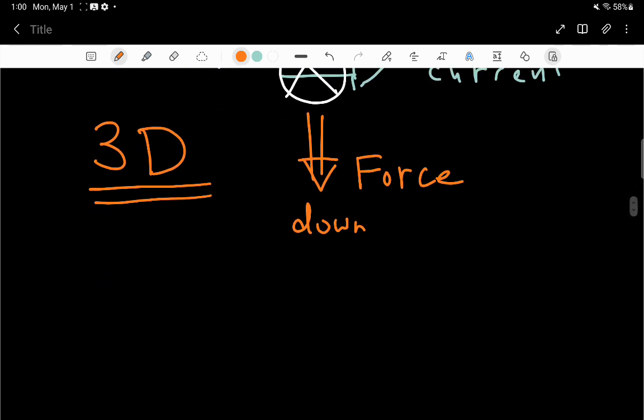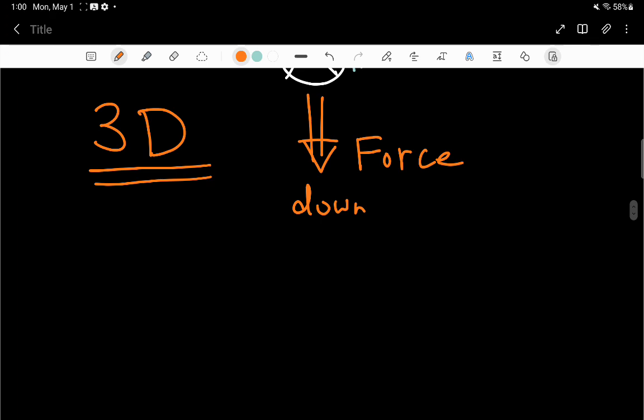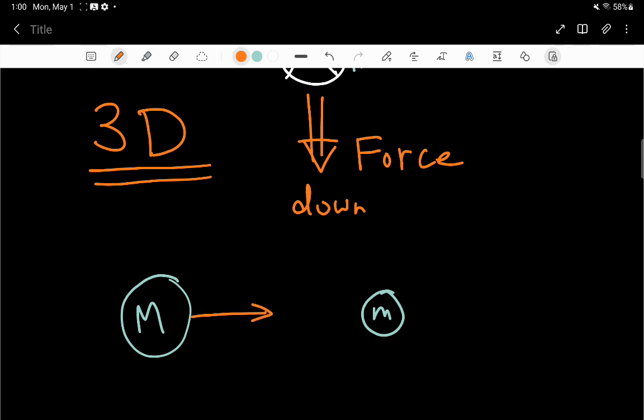This is extremely different, right? Magnetism is very weird compared to, for example, gravity. If I have two massive objects, here's one mass and here's another, the gravitational interaction between these masses is this way and that way, right? So for example, it's attractive in this case.